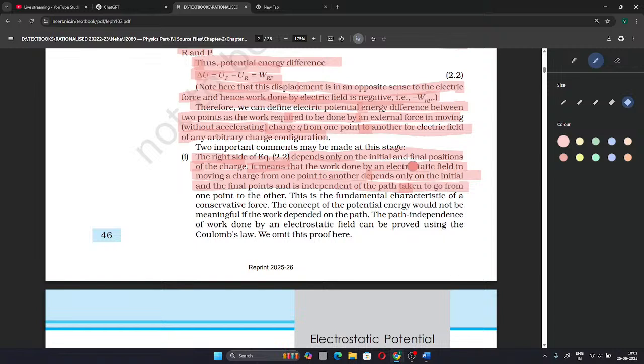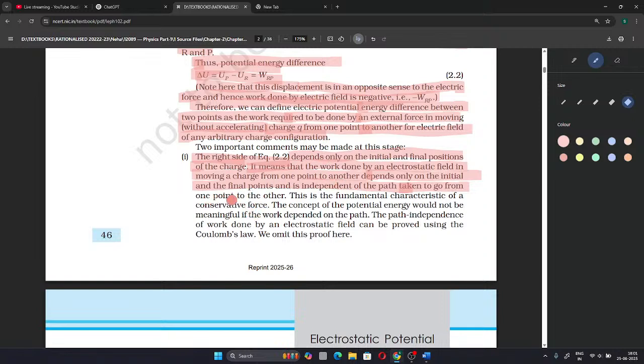No matter if you go semicircle, circle, curve, rhomboid, or whatever it might be, the path doesn't matter. Where the charge is at the initial point, and where the charge is at the final point, that is what determines the potential difference or the work done. Because in this equation we saw that the work done is equal to the potential difference.